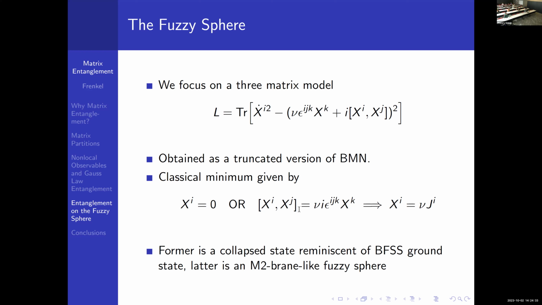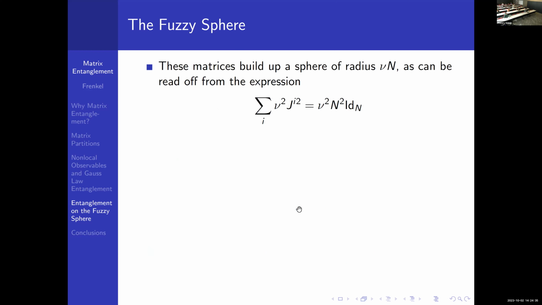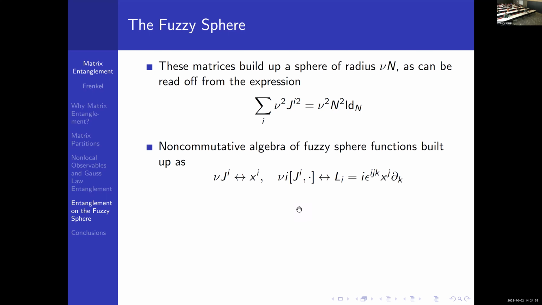Yeah, so there's like an M2 brane fuzzy sphere, and right. So these matrices build up a sphere of radius μN. It's going to be read off from the expression that the squared coordinates, that's like the sum of the matrices squared, is proportional to the identity. So all the branes are at the same radius.